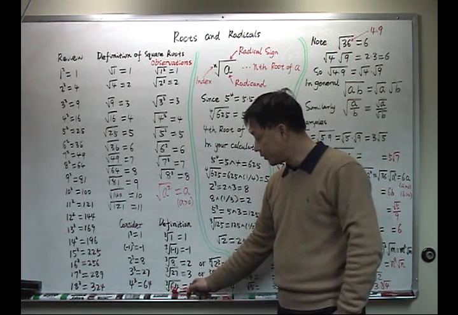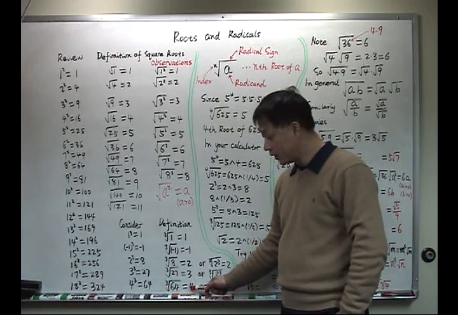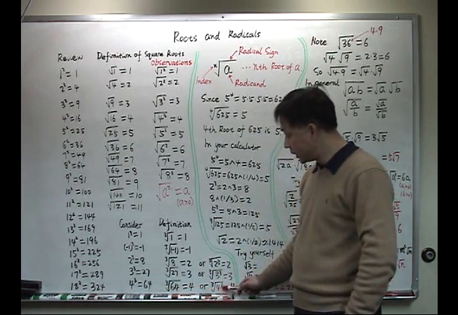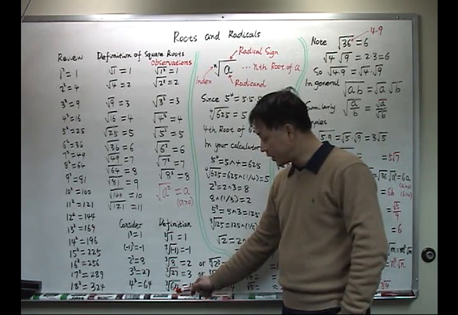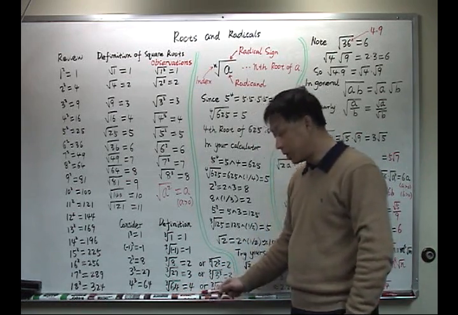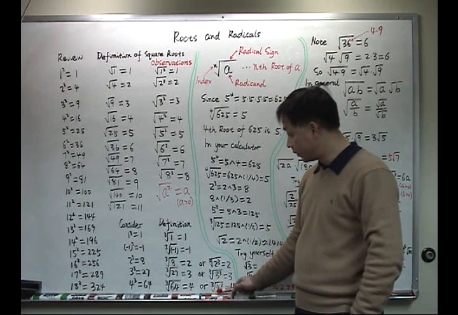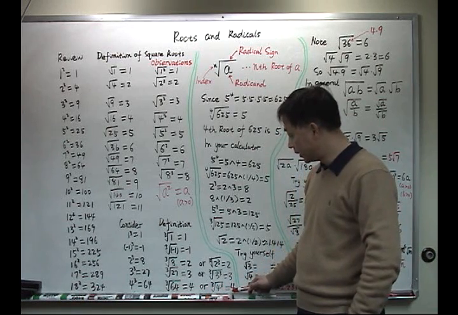And cube root of 64 is 4. 64 is 4 cubed, so it can be written as cube root of 4 cubed is 4.